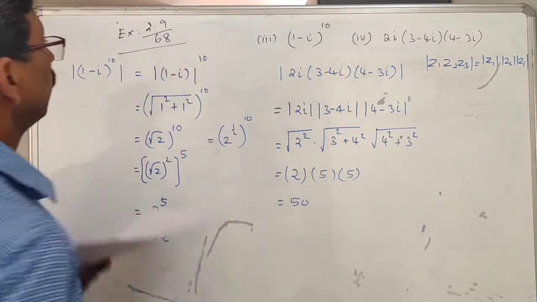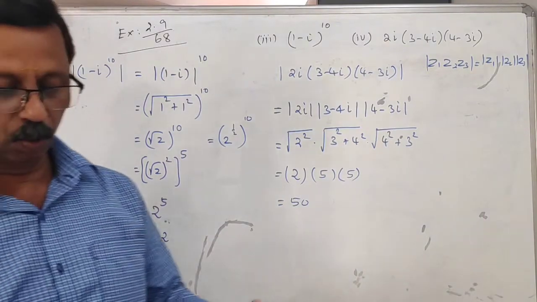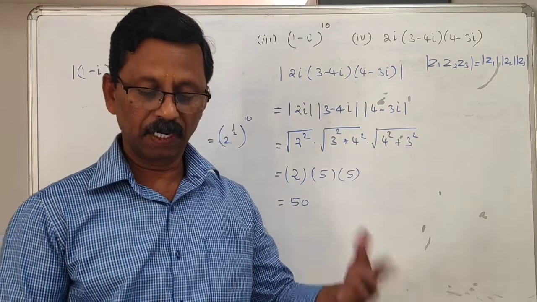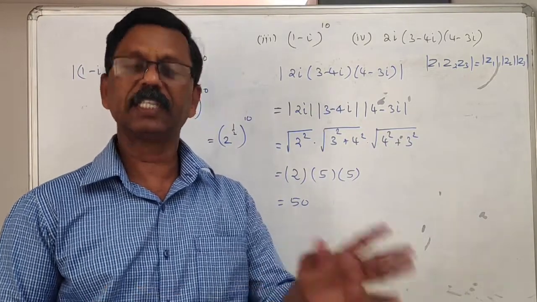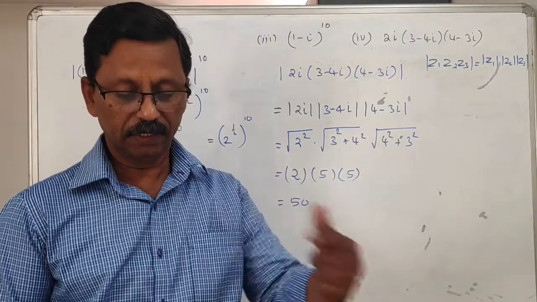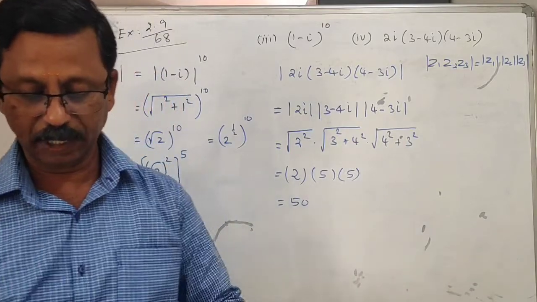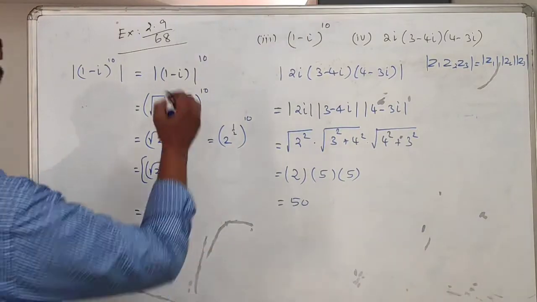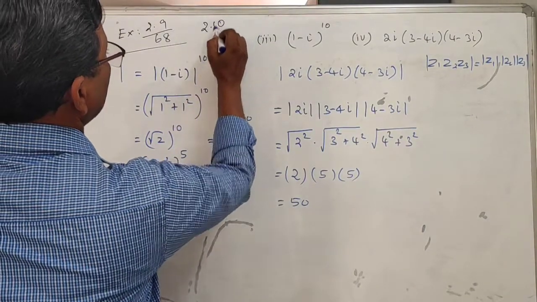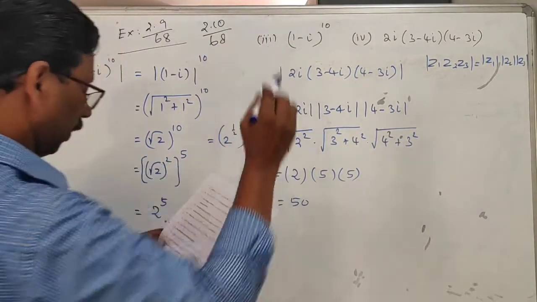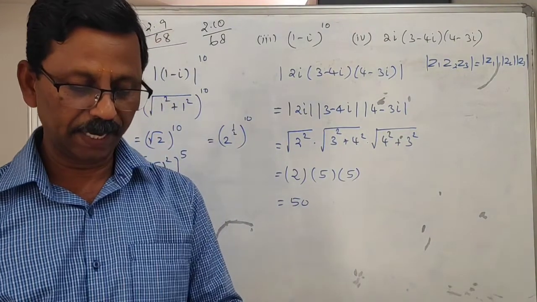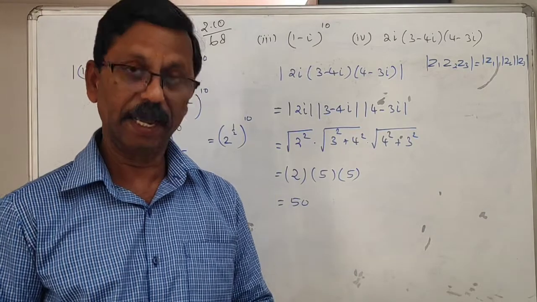This is for your homework. Here Z1, Z2 and Z3 are given. We need to find the value of modulus Z1, modulus Z2 and some other 3 more results. This you can take as homework. Likewise, look at example 2.10. 2.10 is also very similar to this one. This is also given at page number 68. Therefore, you can take example 2.9 and 2.10 as homework.